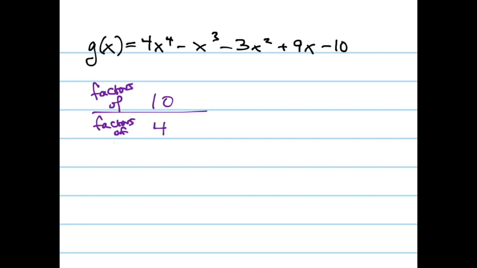Alright, so let's go through the factors. Tori, what's the first factor of 10? 1. And we're going to just attach the plus or minus while we're going. What's the next one, Christian? Sarah? Ethan? Okay, that's all the factors of 10.